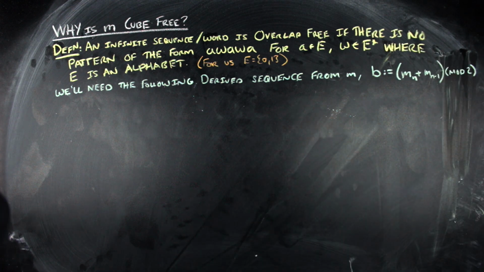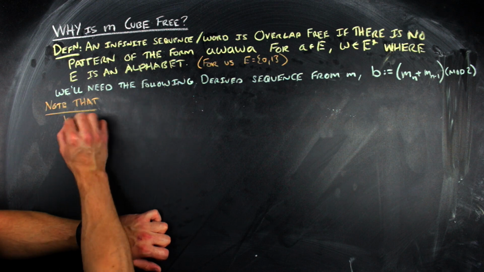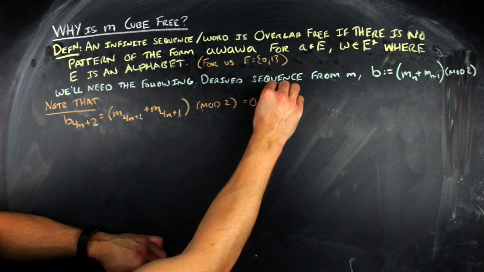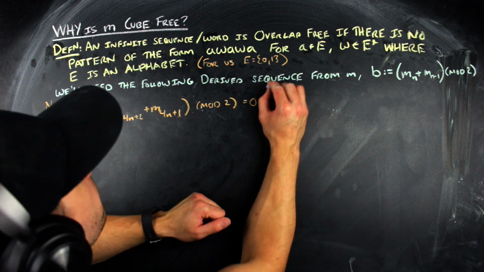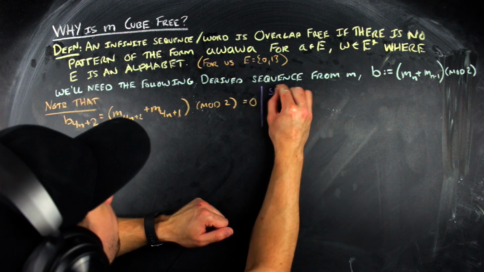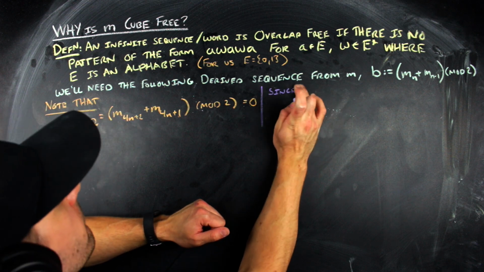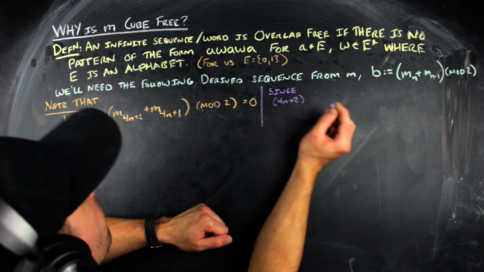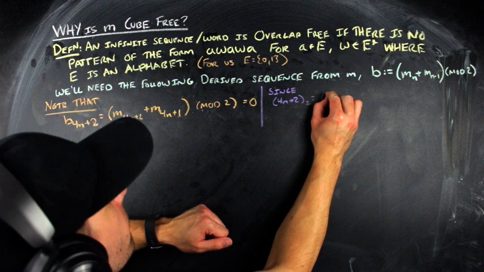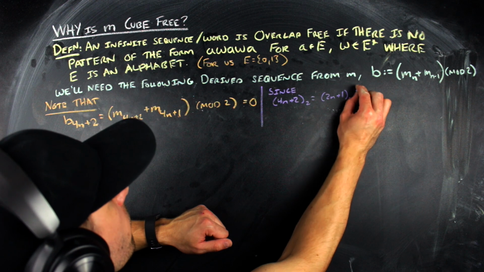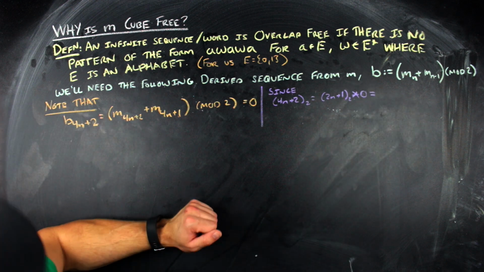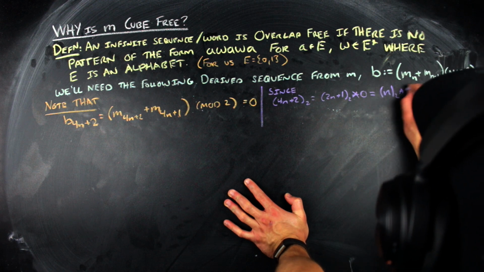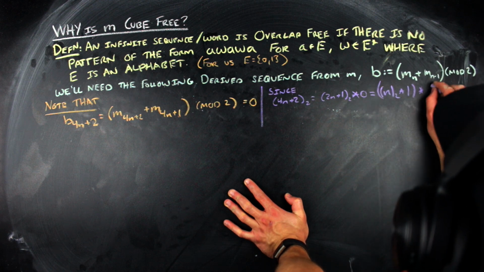The important observation about this derived sequence is that b sub 4n plus 2 is equal to 0. The reason is that 4n plus 2 in binary is, from what we did earlier, 2n plus 1 in binary right concatenated with 0, and then again applying what we did earlier, this is the binary expansion of n, right concatenated with 1, and then right concatenated with 0. So it's the binary expansion of n, right concatenated with 1, 0.